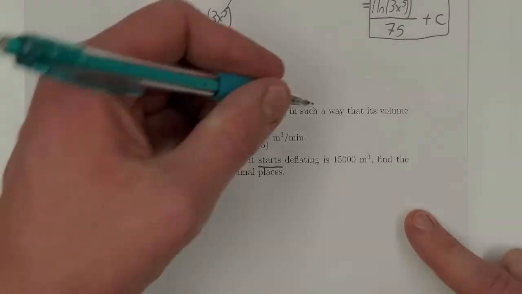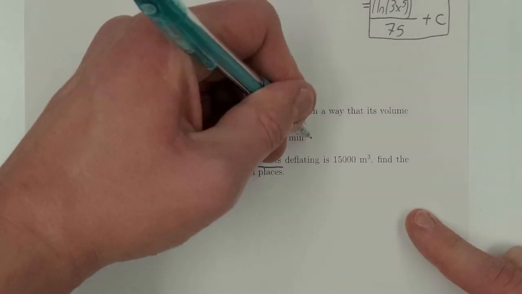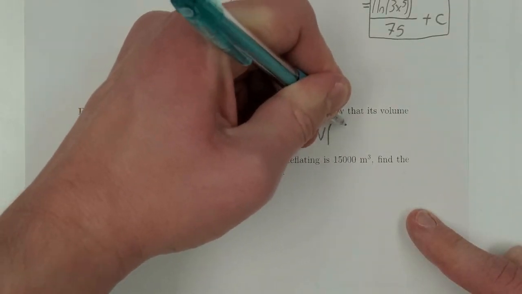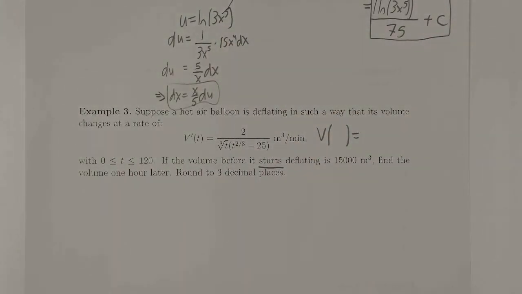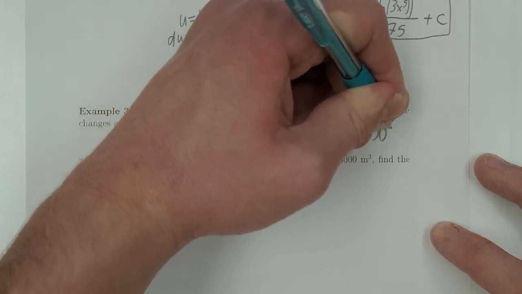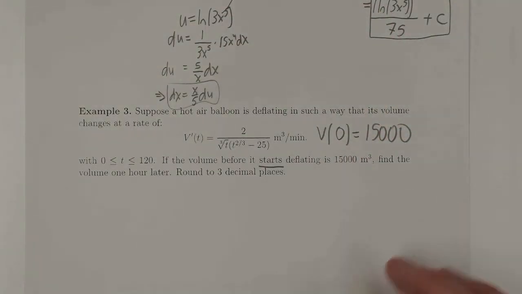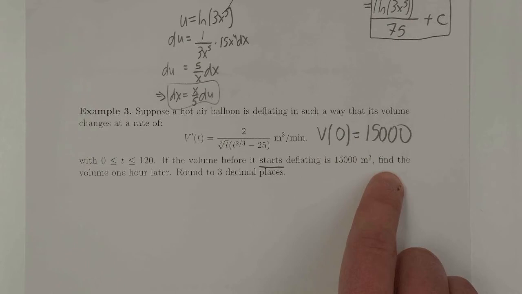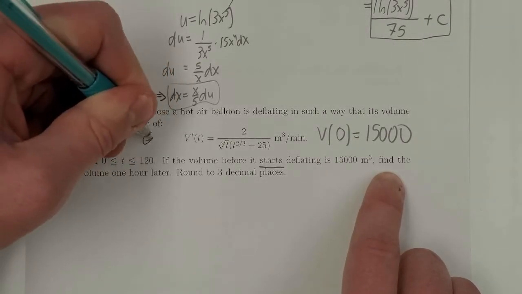So, as per what we have seen enough times at this point, that says that v of what equals what? So, yeah, so v of 0 equals 15,000. Okay? So that gives us that, and that is all we're given.